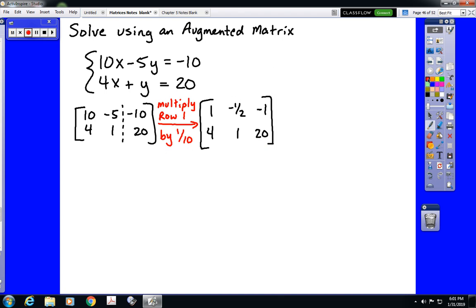Then we're going to carry out a combo move. So we're going to multiply row 1 by -4 and add to row 2.